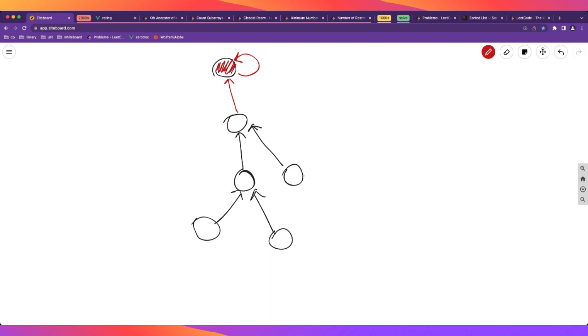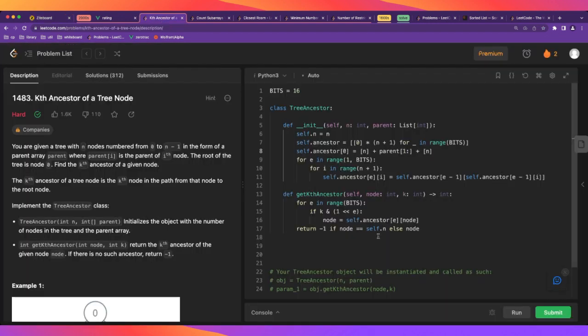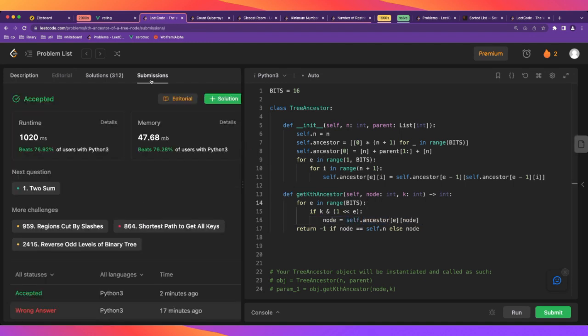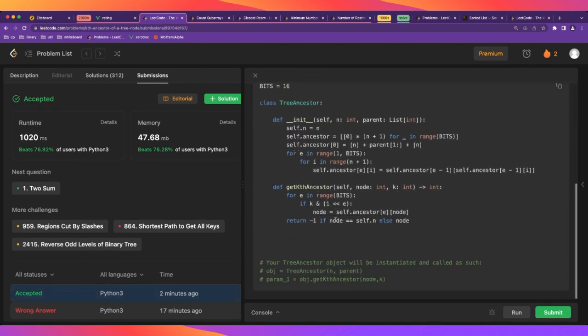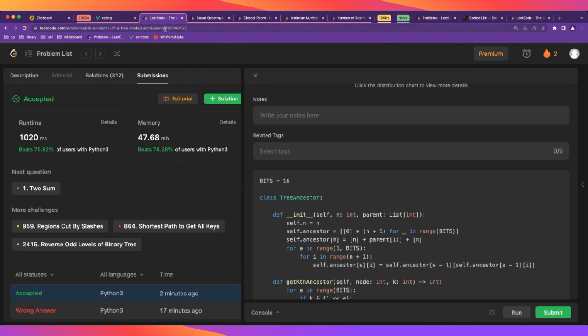So that guarantees us that when we go outside of the tree, we are always going to land on the dummy node, on the Sentinel. And that's how we dealt with that edge case. So yes, I think the code is pretty clear, and I think I covered everything. Let me share the code if you want to check it out.